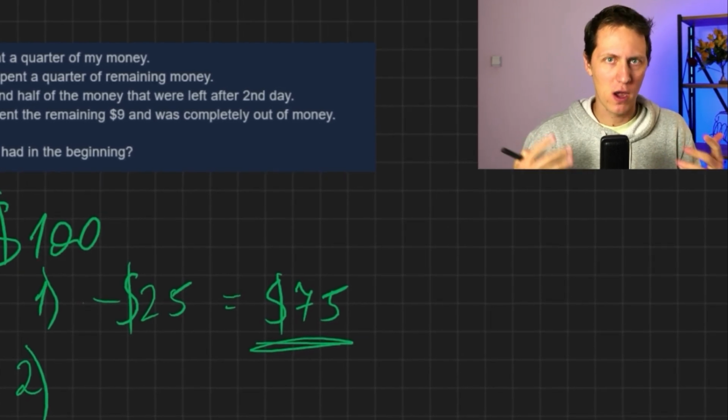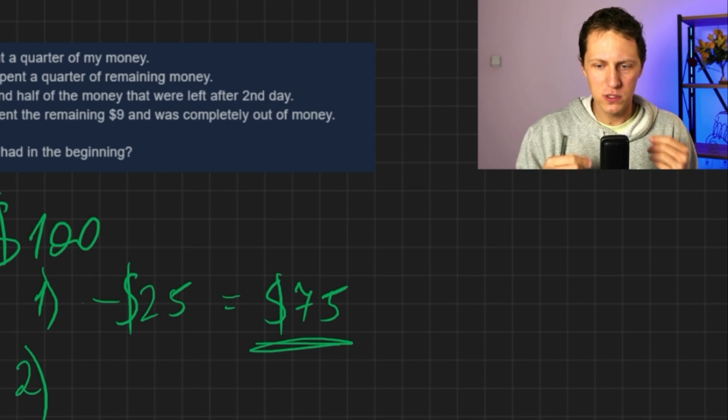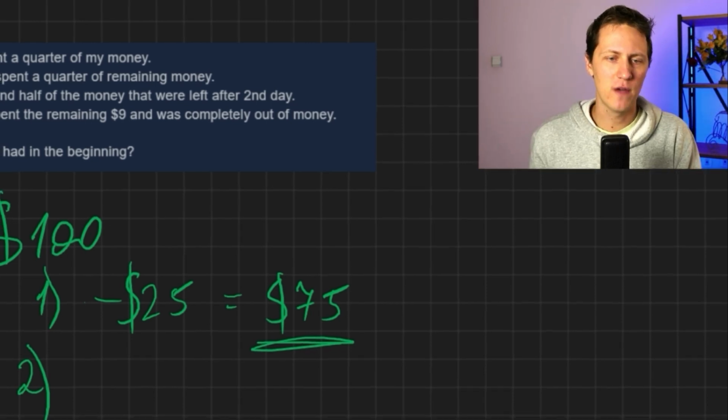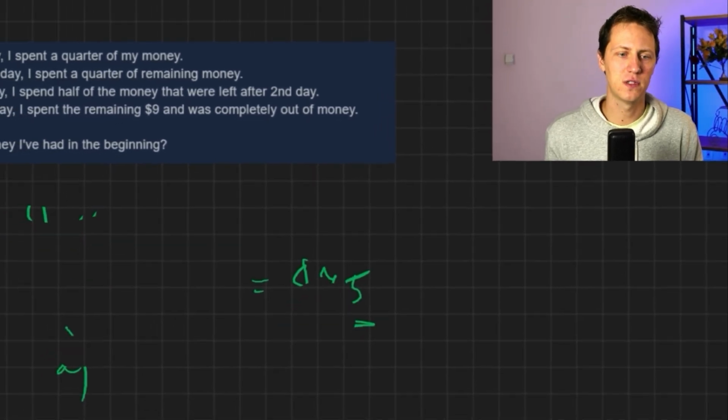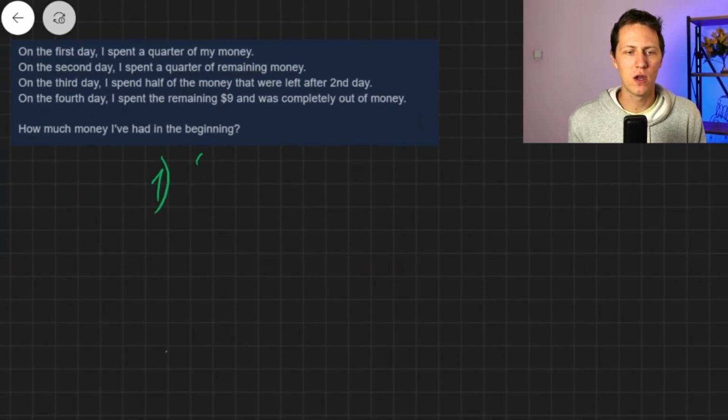You have to somehow understand how you can count the number that was in the beginning using only the number that is left. So you have $9 in the end. Let's say that we don't really know the number we have at the beginning. And then we subtract a quarter, and we have some other number.